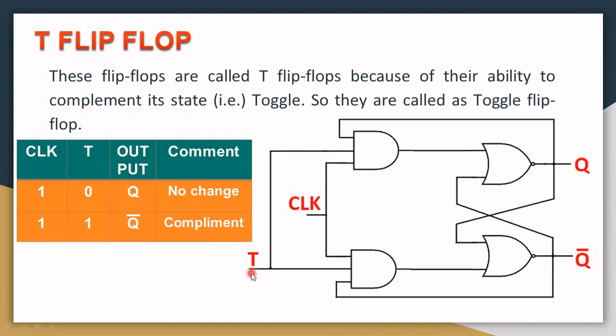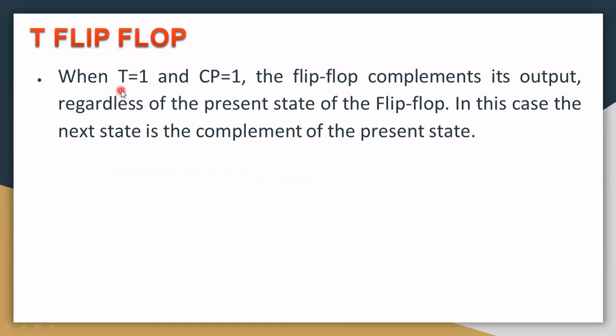If we consider T is equal to 0, the outputs of both AND gates are 0. Therefore, there is no change in the output. So Q remains the same. When T is equal to 1 and CP, meaning clock pulse, is equal to 1, the flip-flop complements its output regardless of the present state of the flip-flop.